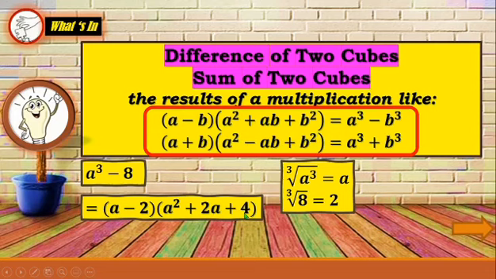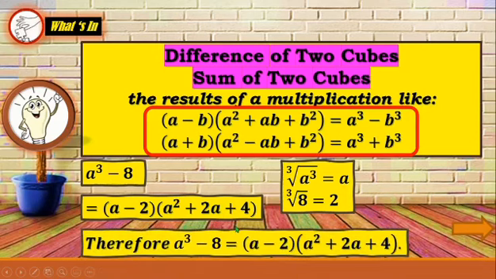Now, for the signs, we follow the pattern, which is same with the given, opposite to the given, and this one here will always be a positive. Therefore, a cubed minus 8 is equal to the quantity of a minus 2 times the quantity of a squared plus 2a plus 4.